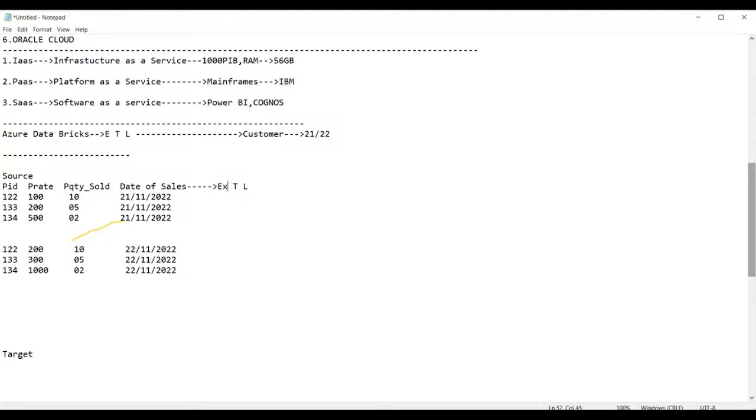ETL stands for Extraction, Transformation, Loading. Let us see how the extraction is done here. The first process of extraction is where you pick up the columns. Do we require the product ID to find out the net sales amount of the day?